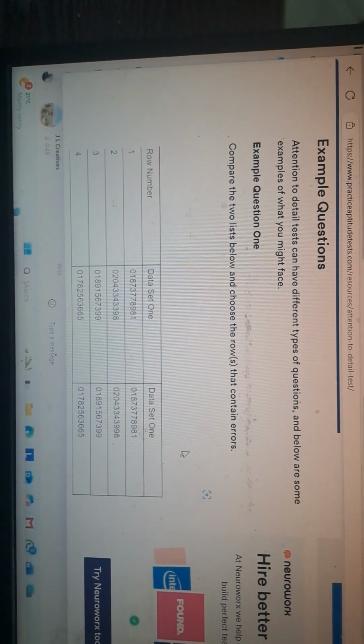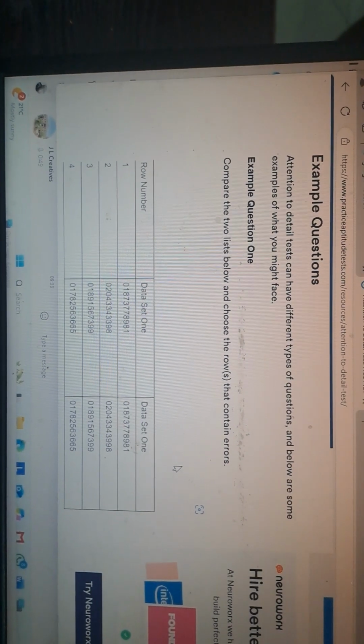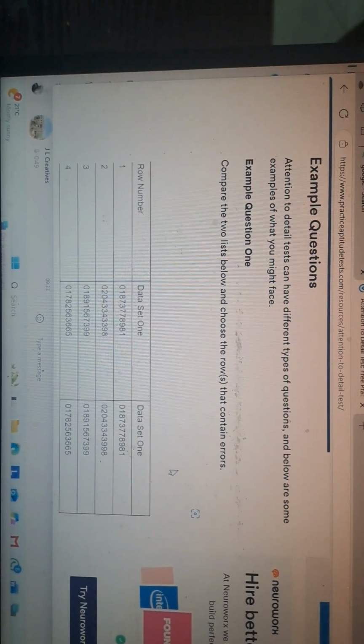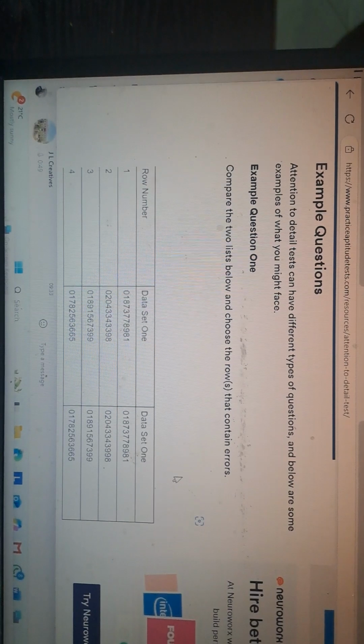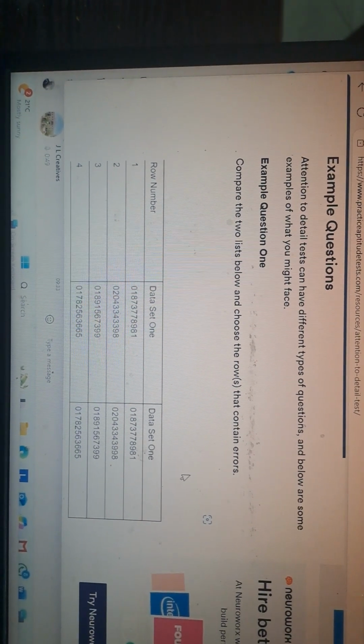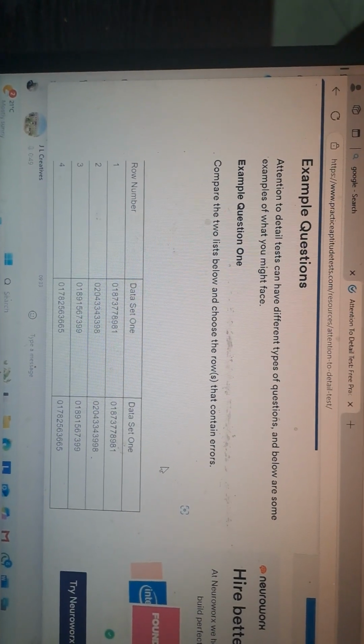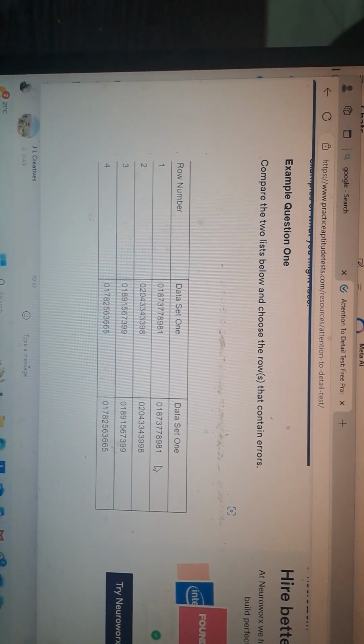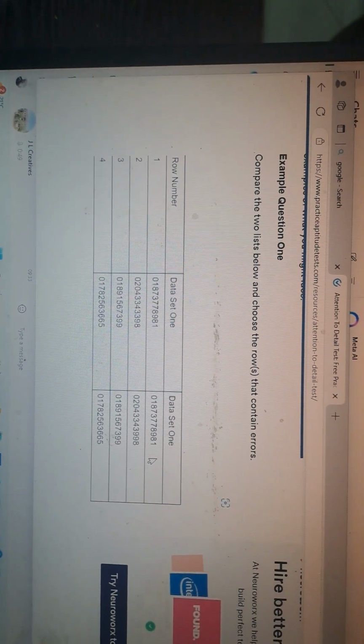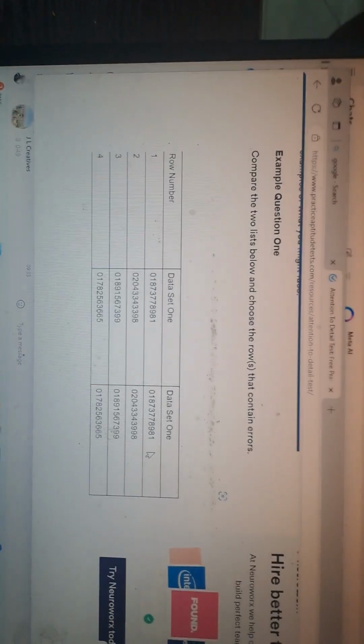Here's a question. It says, compare the two lists below and show the rows that contain errors. Now, this is a comparative question where a person needs to identify differences between two data sets.